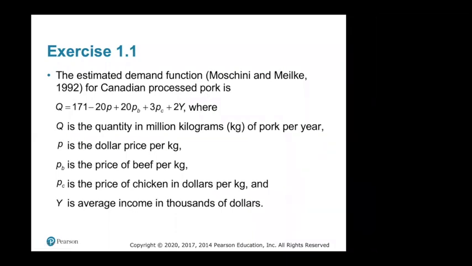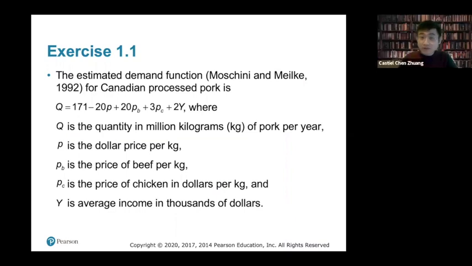The demand function can be a function of a lot of variables. First of all, it's a function of the price of the good, right? The quantity demanded is a function of the price of the good, of course, but it's also a function of, for example, income and the prices of other goods.